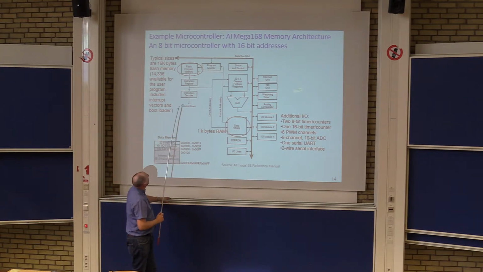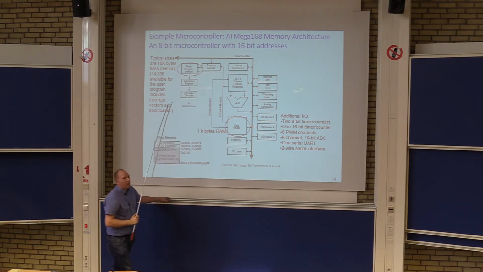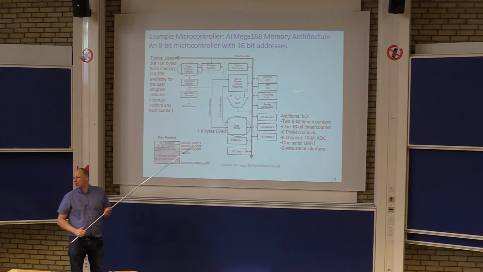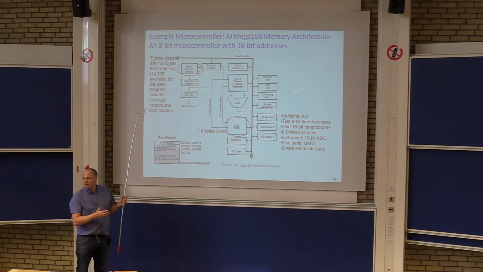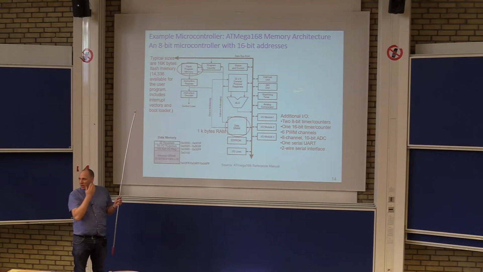So in this case, the program can be in the main memory, or it can be in a special memory called the flash memory, which you typically don't have on a computer like this, but that you can have in a microcontroller. In the Crazyflie, for example, there is a flash memory.